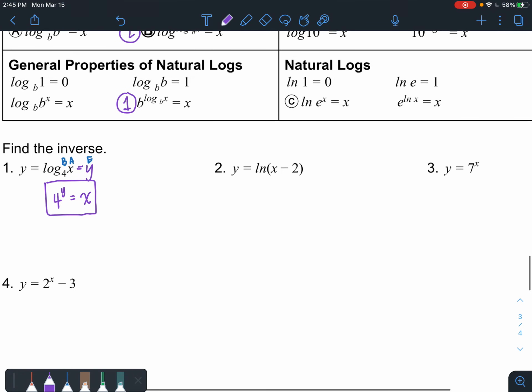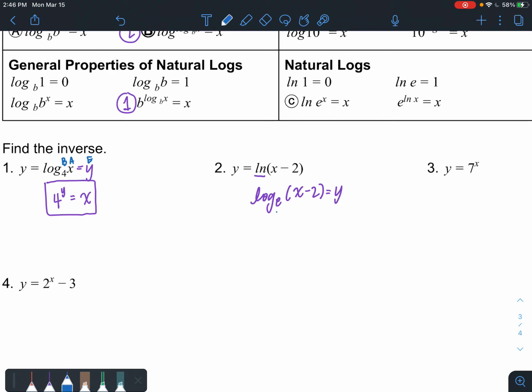We are getting into a little bit more difficult problems. For this one here, this ln can be written as log base e. Then I'm going to move this y to the other side, so it's equal to y.